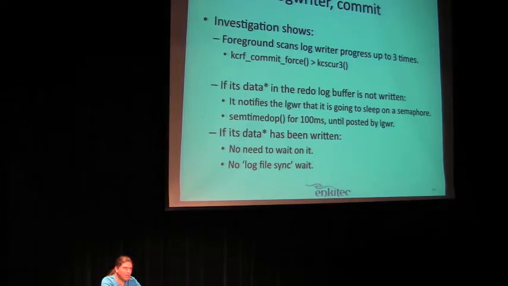And if the data in the log buffer is written within the time that 3 kcscur3 functions are executed, then it will not show any wait. I was quite surprised by that.